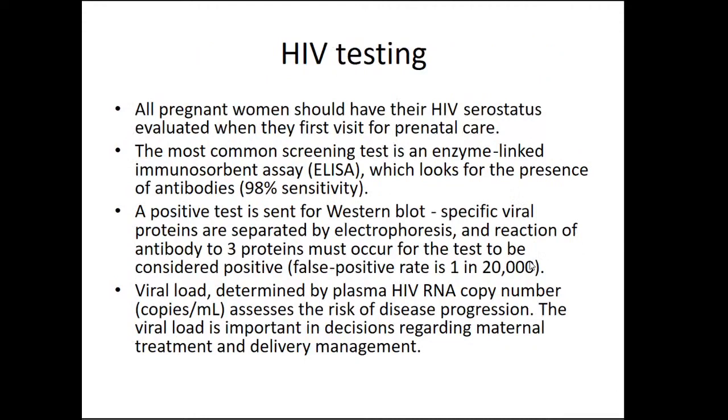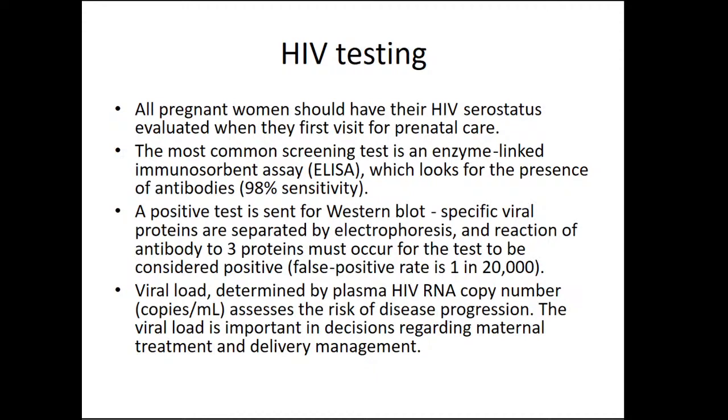Well, all pregnant women should have their status evaluated for HIV. In our countries, and probably in your countries, it's mandatory. So it's necessary to know HIV serostatus from the first visit to prenatal consultation.